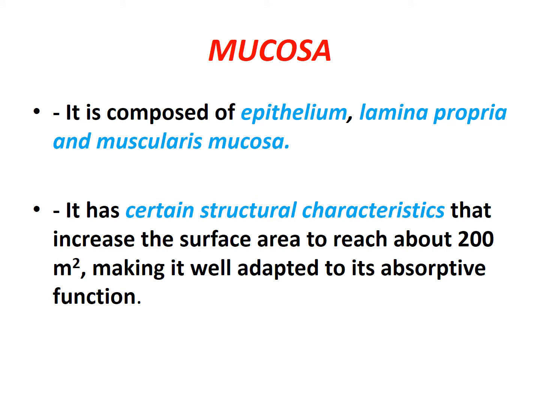The mucosa, the first layer from the side of the lumen, is composed of epithelium, lamina propria, and muscularis mucosa, as usual. But the mucosa of the intestine has certain structural characteristics to increase the surface area for absorption to about 200 square meters.